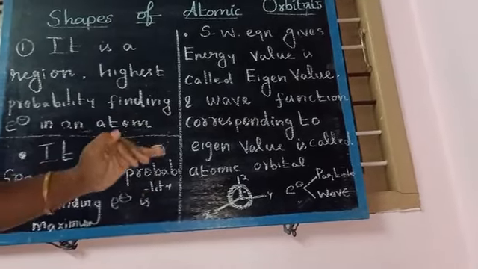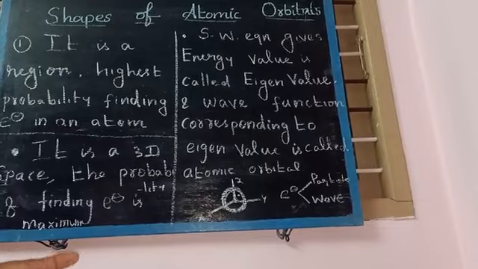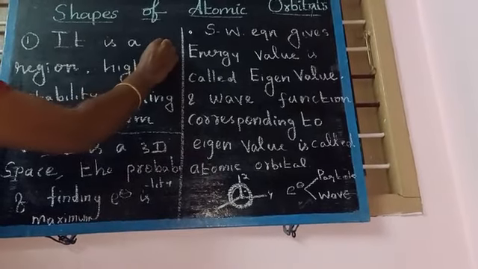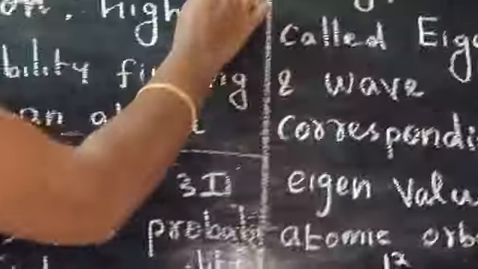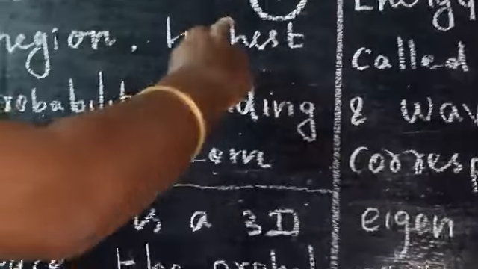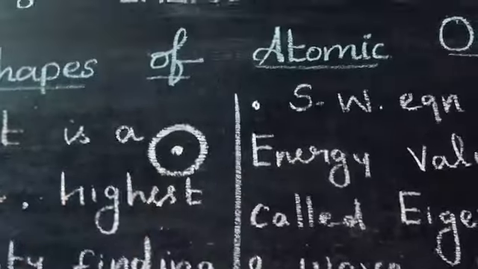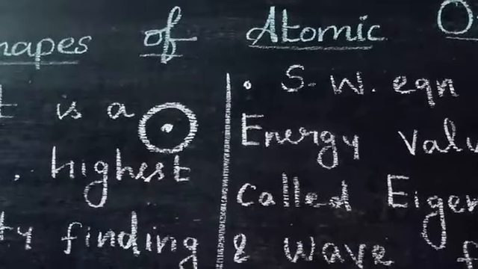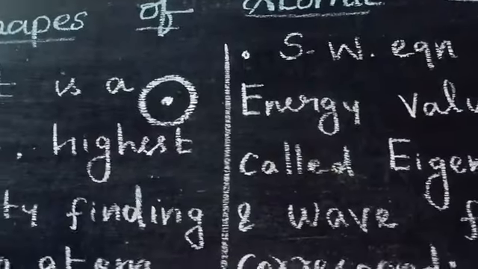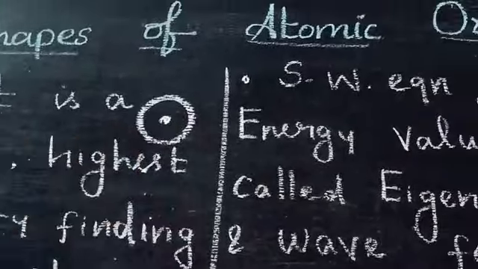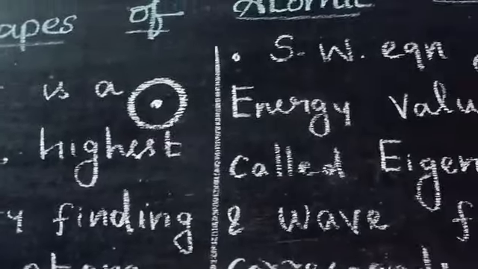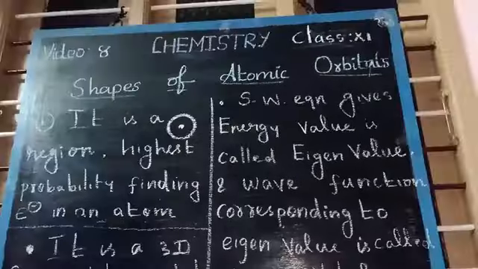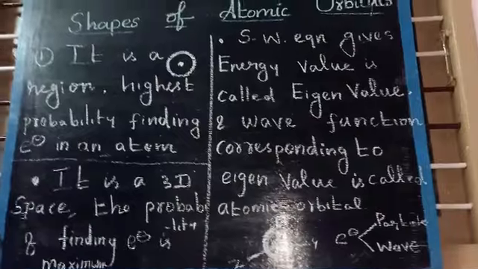Another way to express the atomic orbital definition: the center part is the nucleus, and the electron revolves around this nucleus, in spherical shape, dumbbell shape or double dumbbell shape. So this path is known as the atomic orbital. This is another way to express the atomic orbital definition.